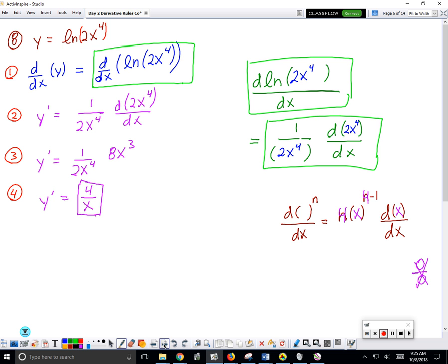It should feel repetitive. That's the whole point, is that the process is exactly the same. You're just using different rules. So, step number 1, take the derivative of both sides. Step number 2, use the ln rules.